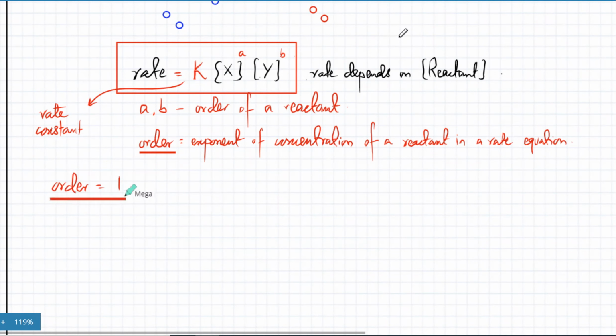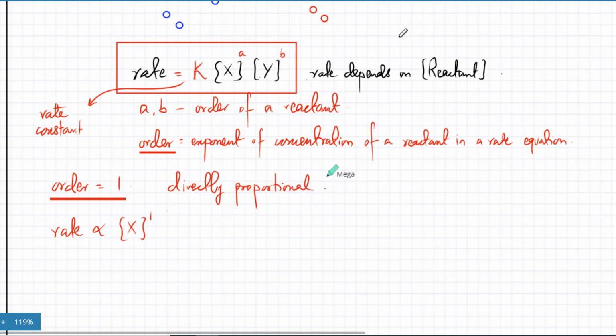Let's say I go back to the proportionality sign: rate was dependent on the concentration of X. I'm just going to ignore Y for a second, and it had a power of A. So if A is 1, then that's a direct proportionality. That is what is meant by order 1, that it is directly proportional.